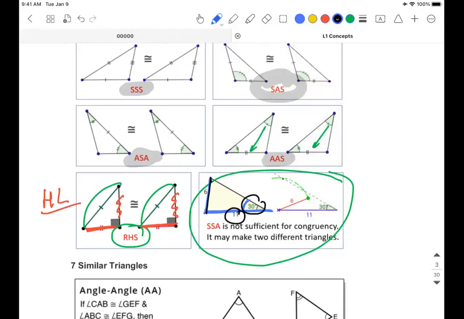Let's say one is here, one is here, right? You can make sure this is actually an isosceles triangle. So these two triangles both have the third side equal to 6. Well, of course, these two triangles are not the same, right? So that's the reason why you can't have SSA, right?